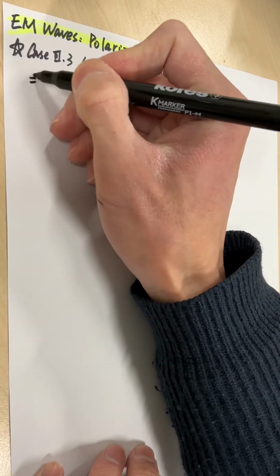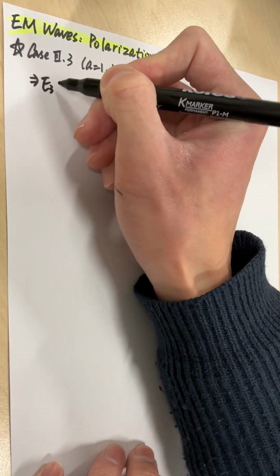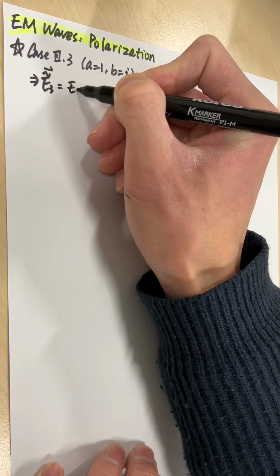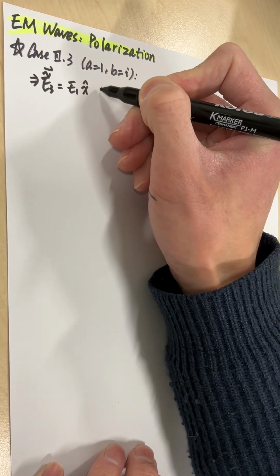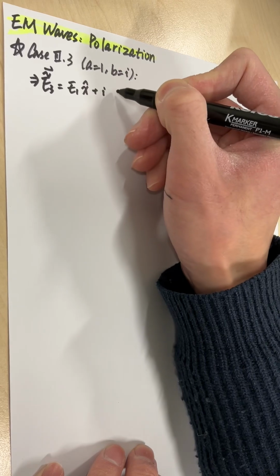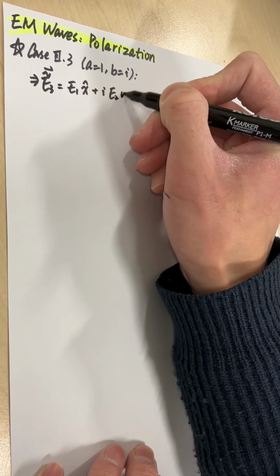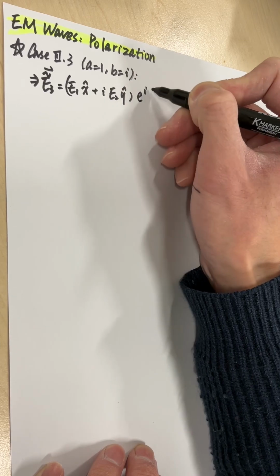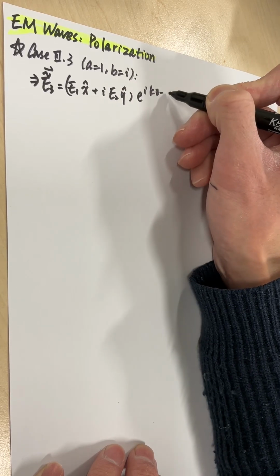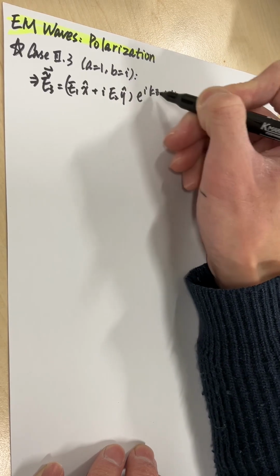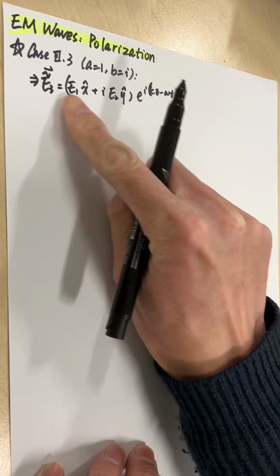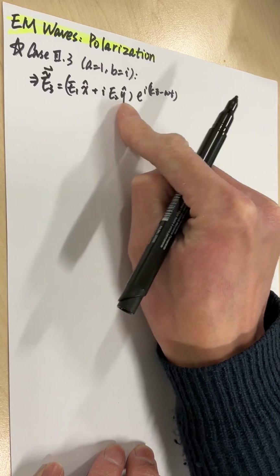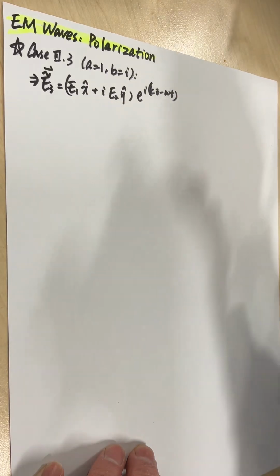So now E3 will equal E1 x direction plus i E2 y direction, and then e^(i(kappa z minus omega t)). So now the polarization is complex valued and its field still has x direction, y direction.